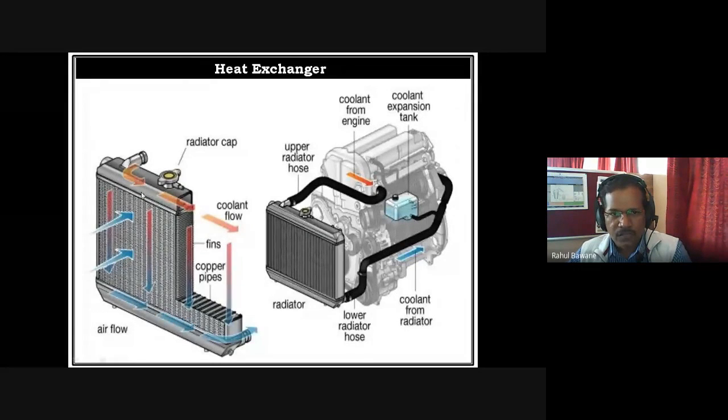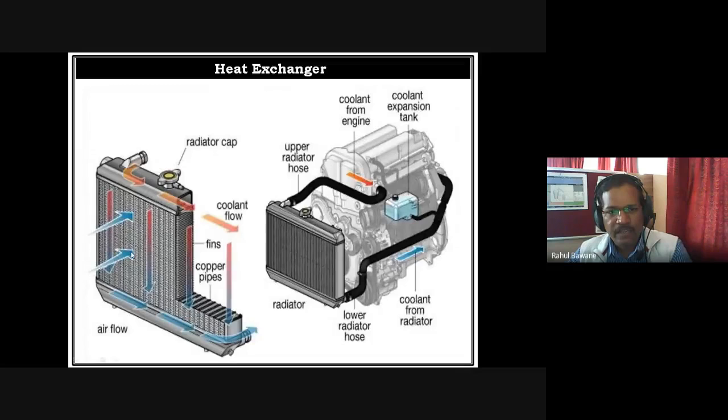Now hot water is here, and we require to cool it down. So hot water travels through these radiator tubes, obviously by gravity, from top to bottom, and meanwhile there will be a cross airflow. By cross, because water is flowing straight vertical, and air will flow at a 90-degree cross.